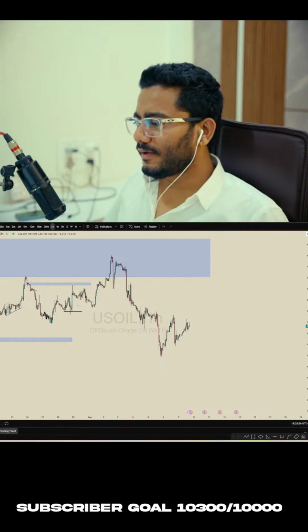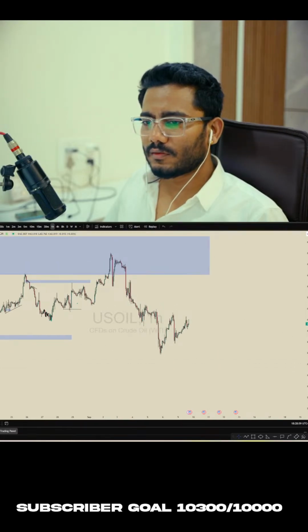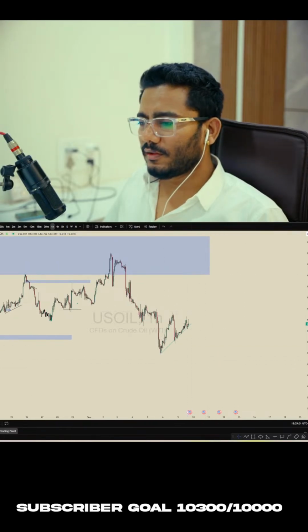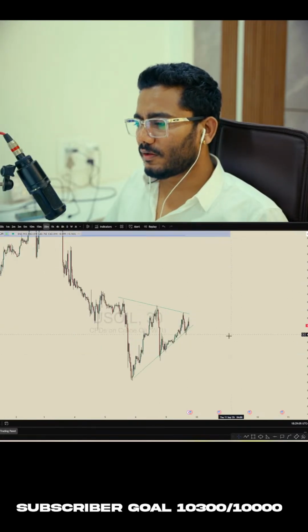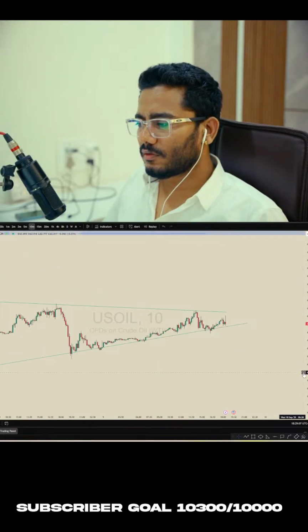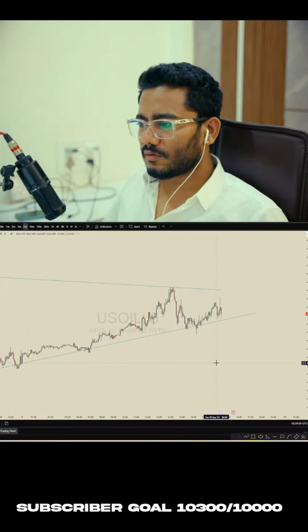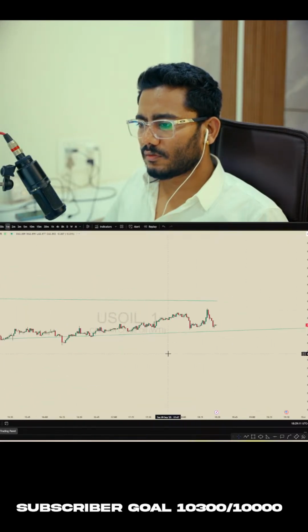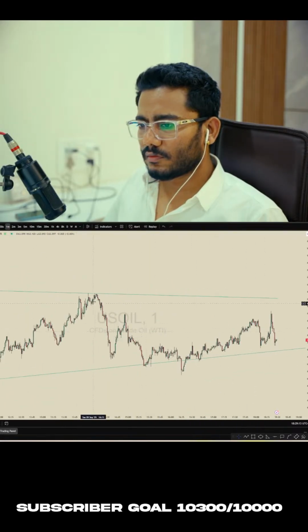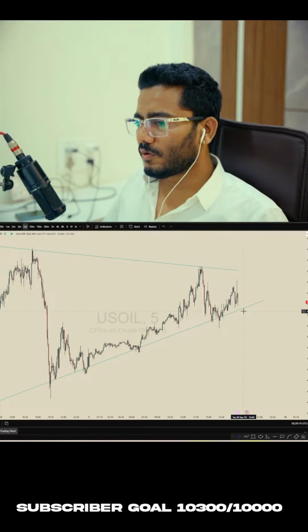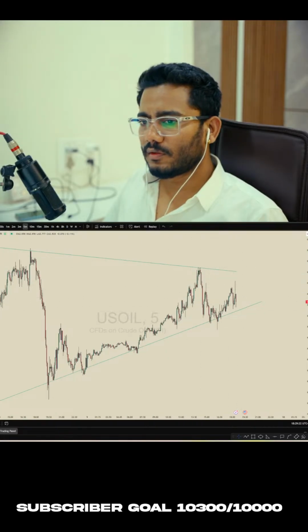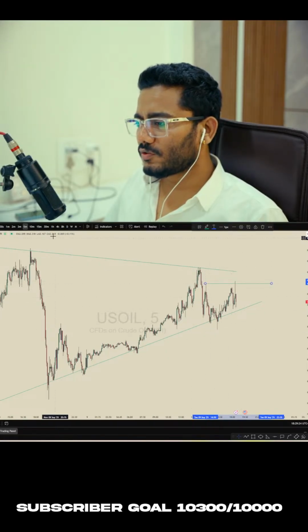Crude oil is creating a trend line liquidity, so I'm not sure on this. Here there is liquidity, here to the upside there is liquidity, but the overall trend is to downside, then it should continue to downside from this order block. Price has already swept the liquidity, so it should continue.